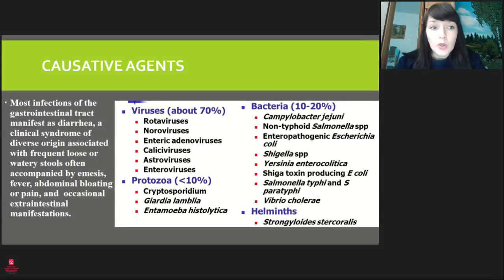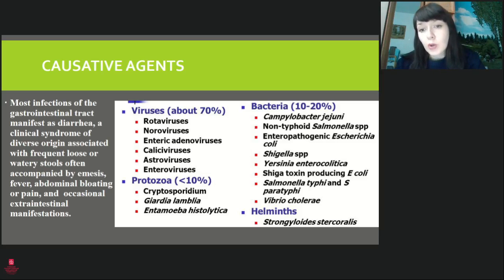Causative agents. Most infections of the gastrointestinal tract manifest as diarrhea, a clinical syndrome of diverse origin associated with frequent loose or watery stools, often accompanied by emesis, fever, abdominal bloating or pain, and occasional extraintestinal manifestations. There are different causative agents. Viruses, about 70%, such as rotaviruses, noroviruses, enteric adenoviruses, caliciviruses, astroviruses, and different types of enteroviruses.